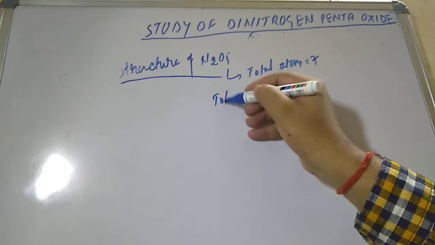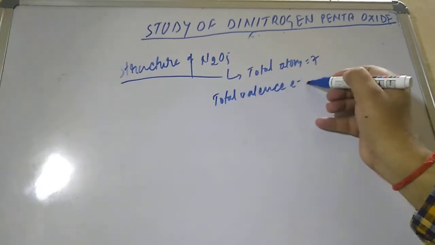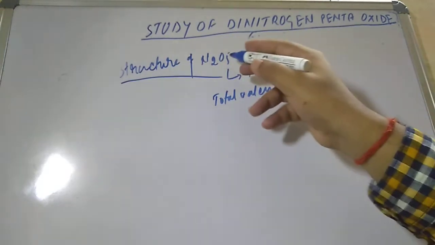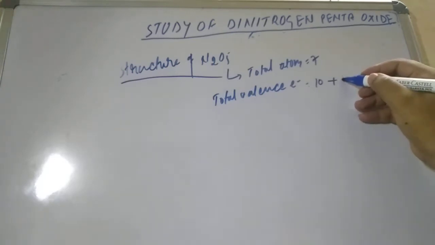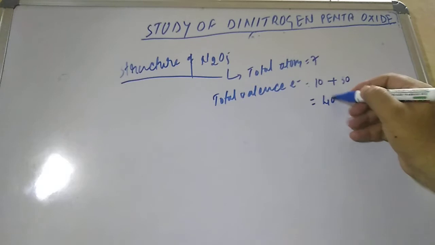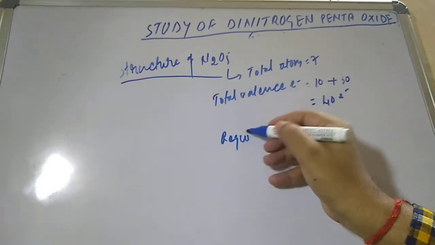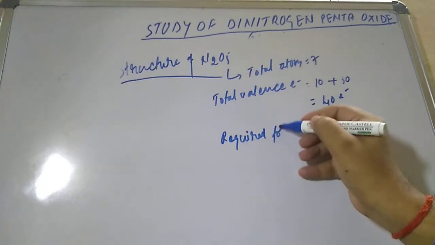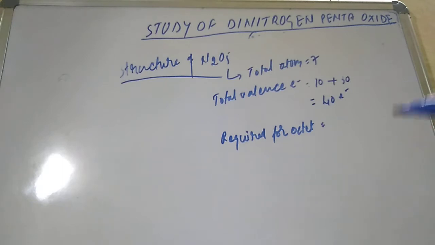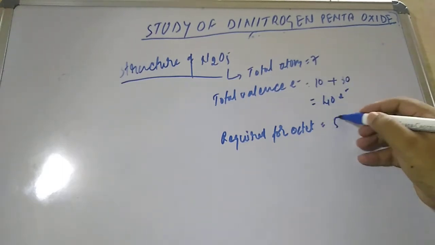Total valence electrons: 10 electrons for nitrogen and 5 sixes are 30 electrons for oxygen, so 40 valence electrons. Required electrons for octet: total number of atoms 7, so 56.